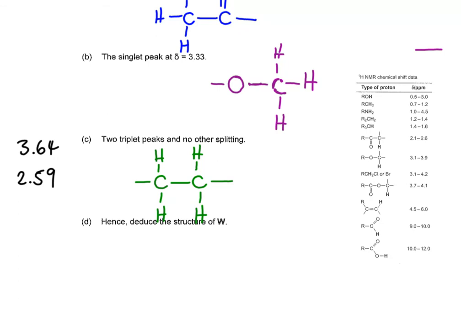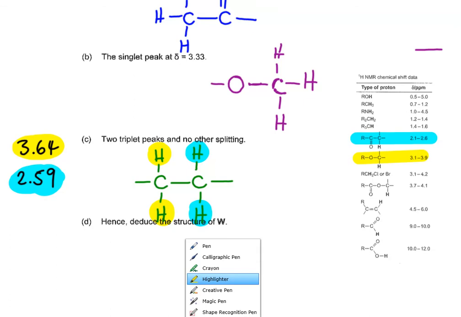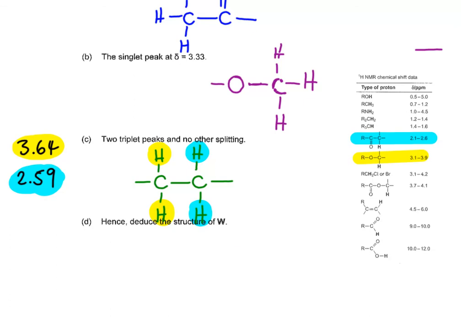They've got slightly differing chemical shifts, so one of them is coming in around 3.5, which would suggest that we've got the hydrogens next door to an oxygen, whereas at 2.59 we've probably got the hydrogens next door to a carbonyl group. So that would complete that fragment.